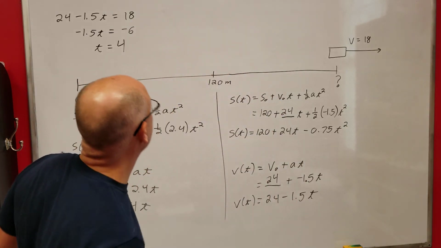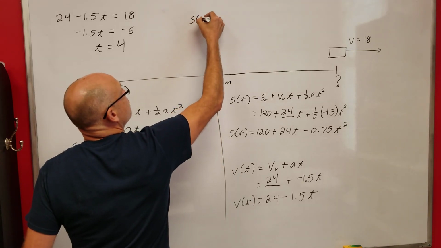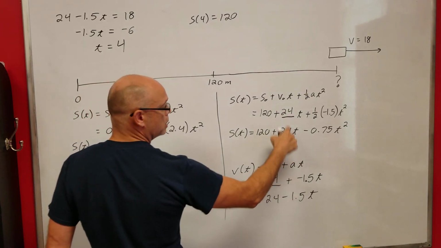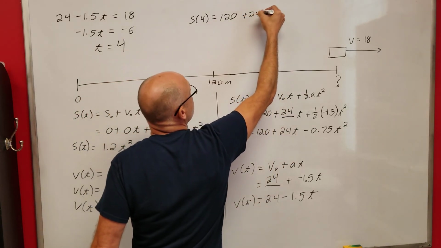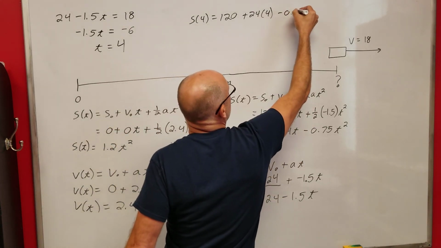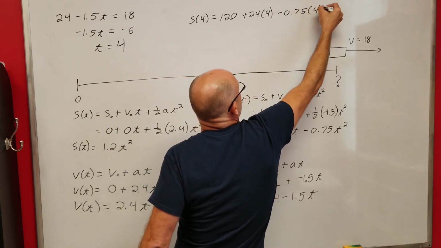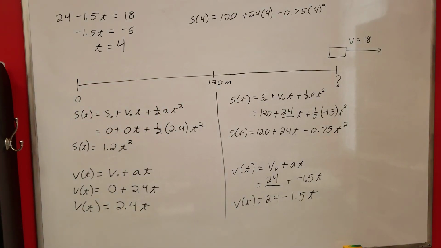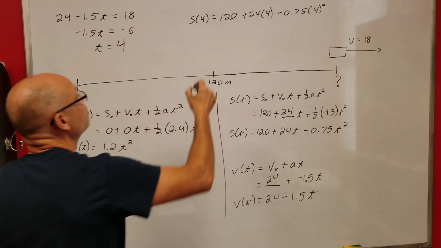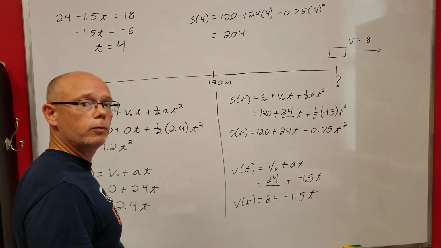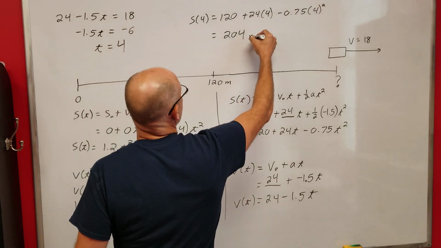S of 4 is equal to 120 plus 24 times 4 minus 0.75 times 4 squared. And if you go ahead and calculate that, what do you get? 204. So 204. And what's my unit for the distance here? Meters.